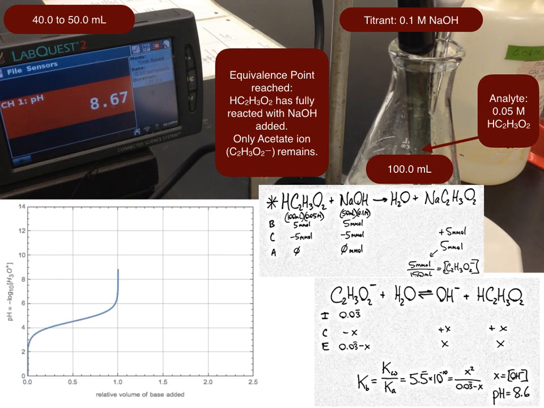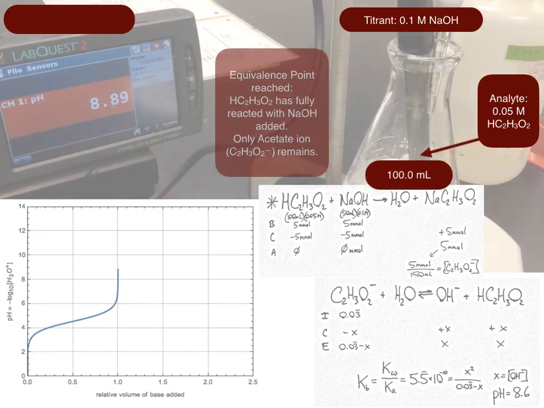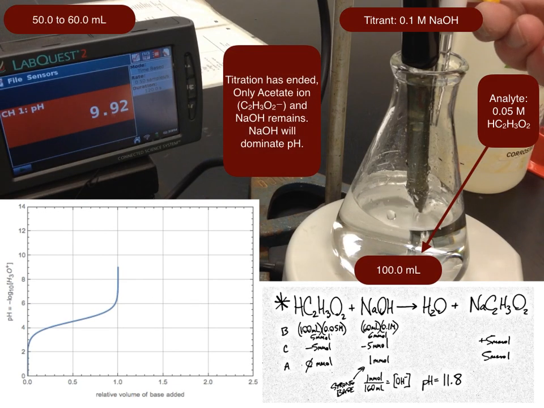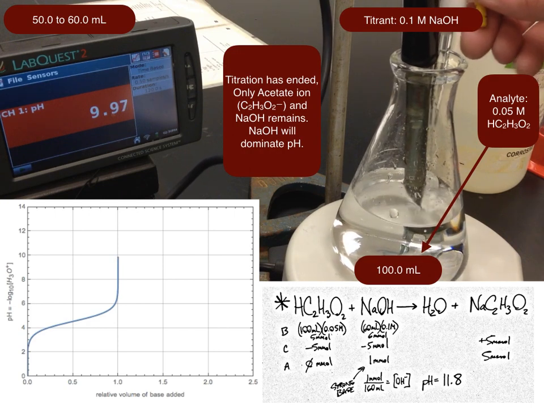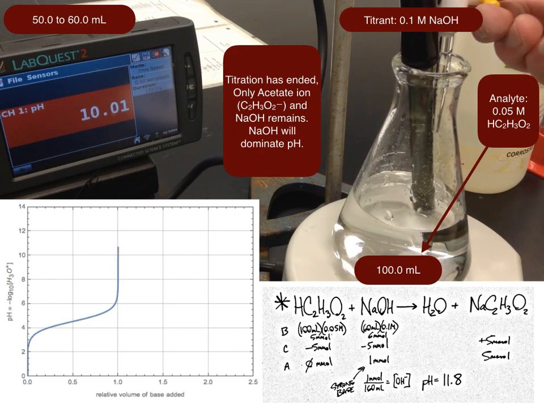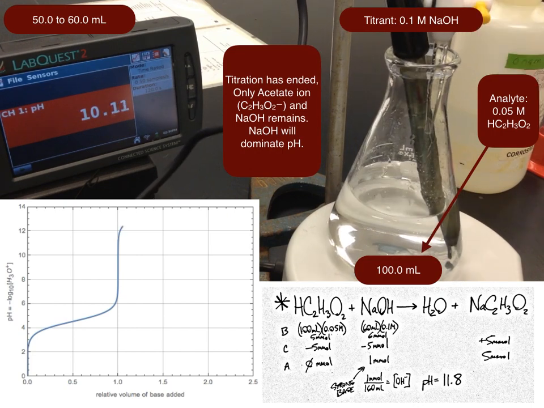The pH calculation thus requires that we find the resulting concentration of the acetate ion and then use an ice table calculation to find the pH. Remember that the Kb for acetate ion must also be used here. After this point, however, the pH is dependent upon the excess of sodium hydroxide that has been added, and the calculation is radically easier.